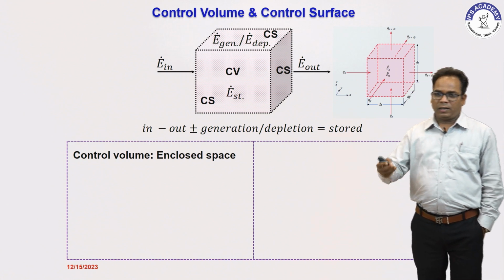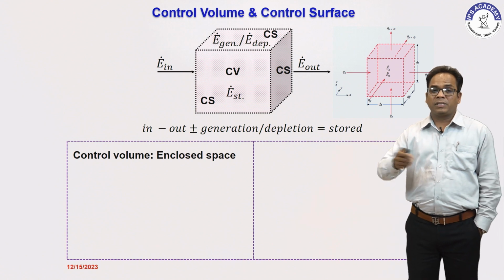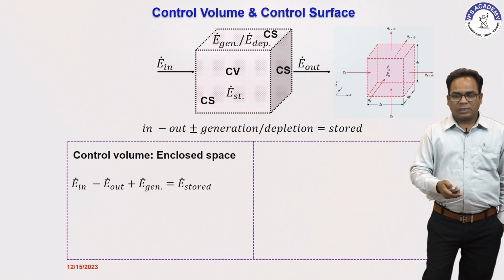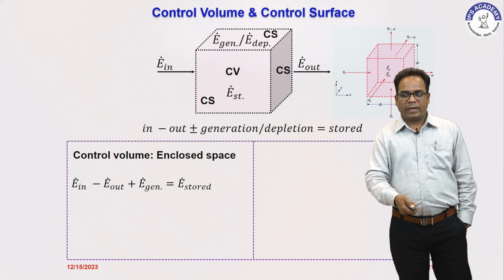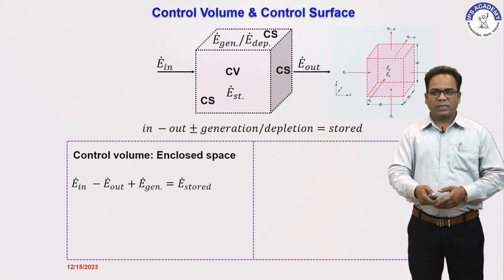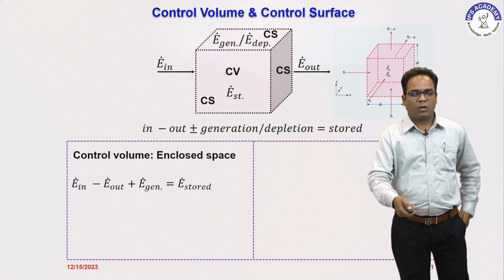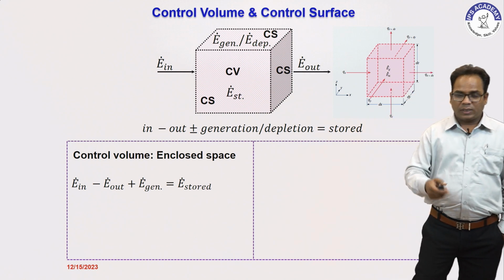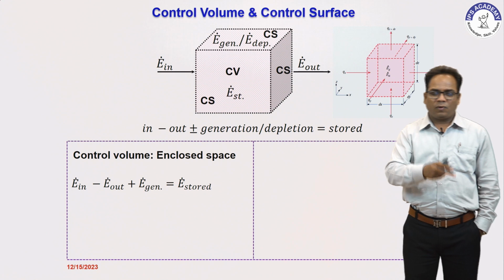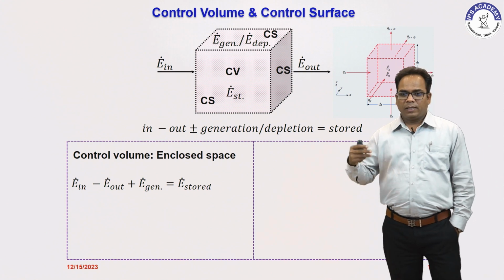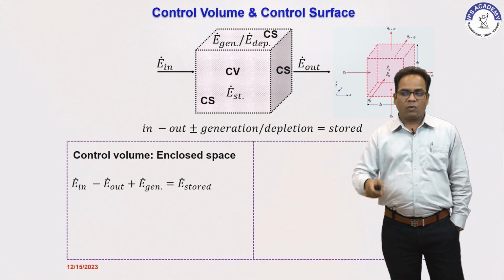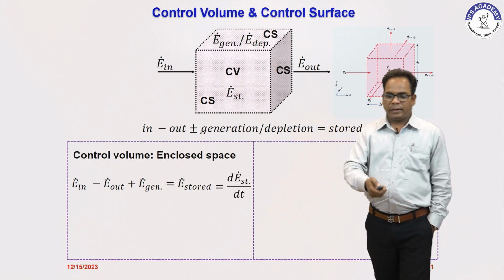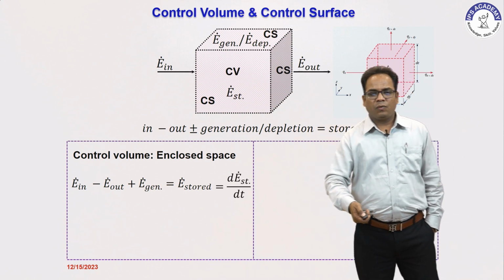This is the energy conservation equation: energy in minus energy out plus energy generation or energy depletion, the algebraic summation of all these terms, is equal to the change of energy within the control volume. So this is the rate of change of energy within the control volume.